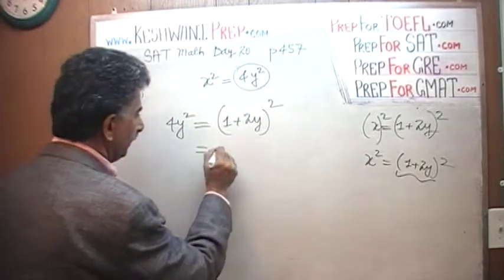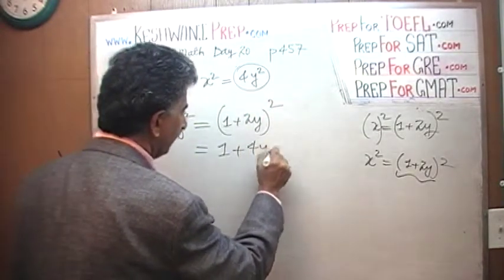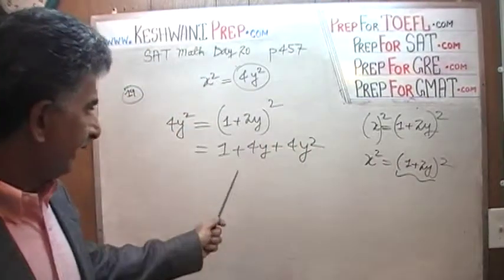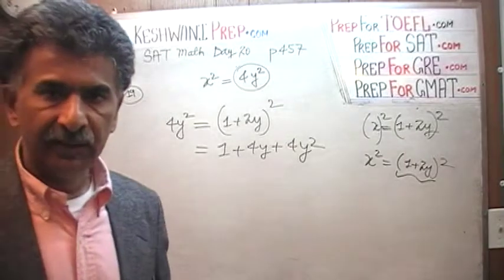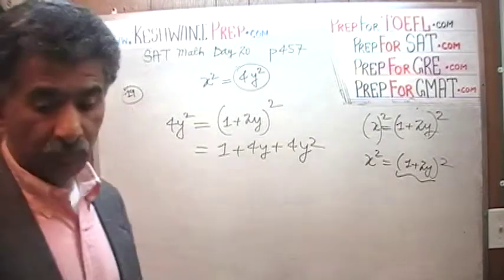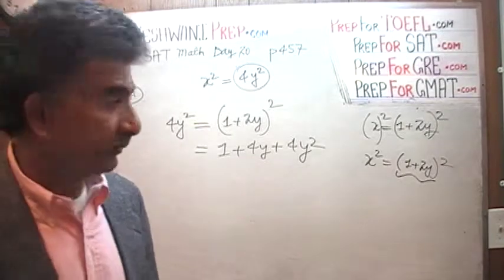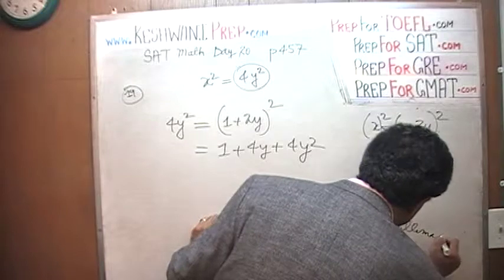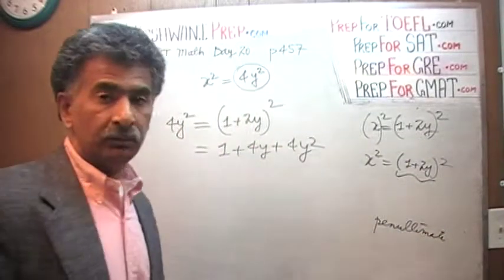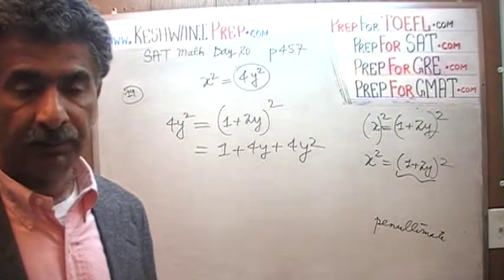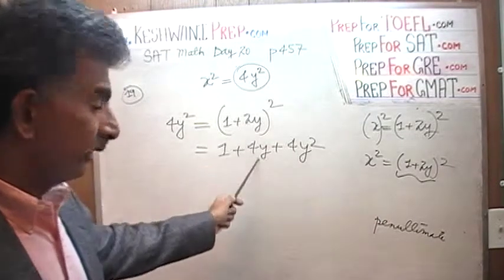Open it up and you get 1 plus 4y plus 4y squared. Now the reason why I'm not explaining every single step here is because I'm assuming that if you are attempting the penultimate problem on the exam, you do have some knowledge of algebra, and you understand how I went from here to here.